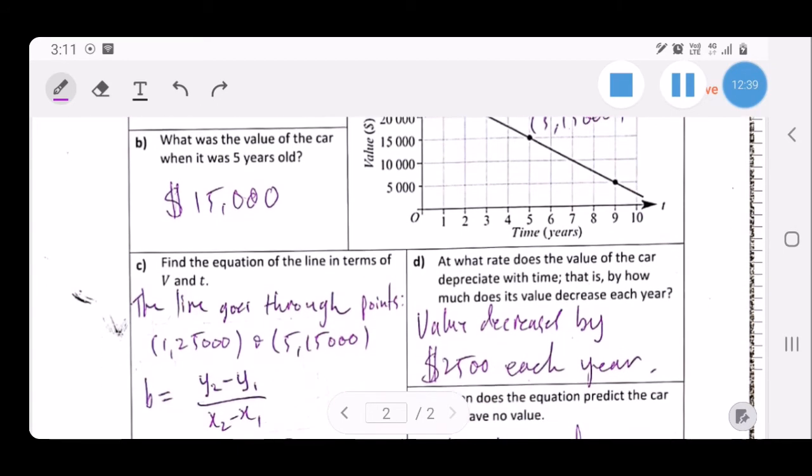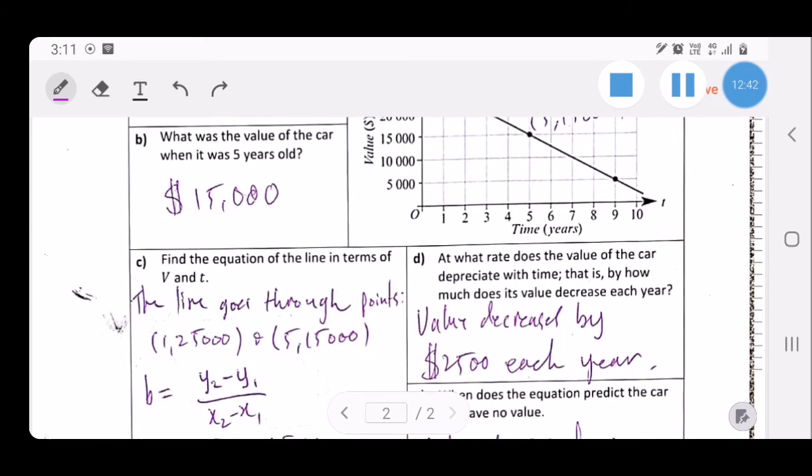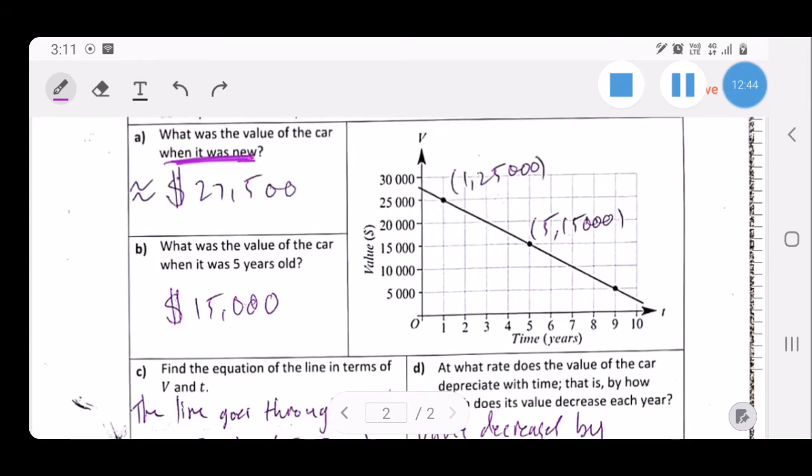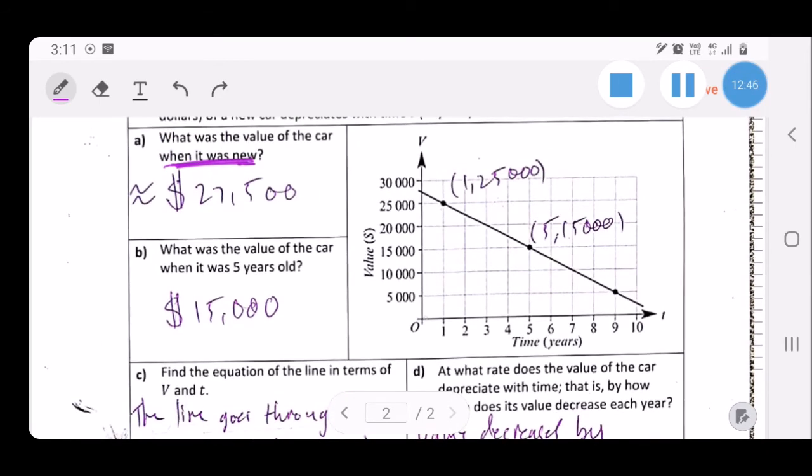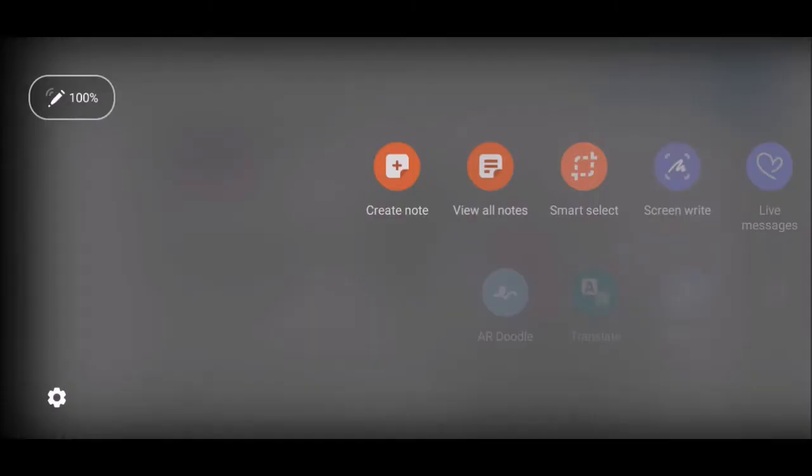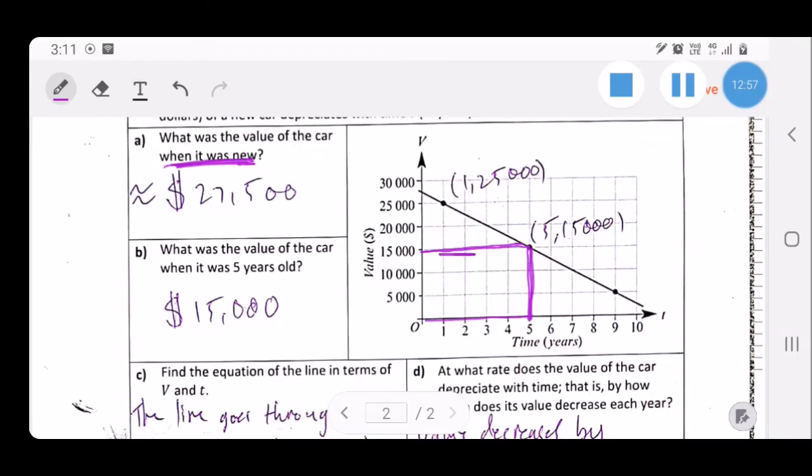All right. B, what was the value of the car when it was 5 years old? Well, okay, when t equals 5, I can see that the corresponding value is $15,000.